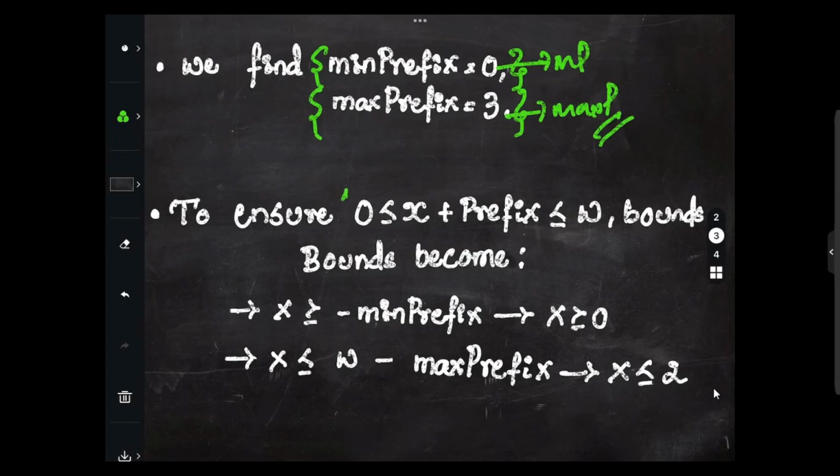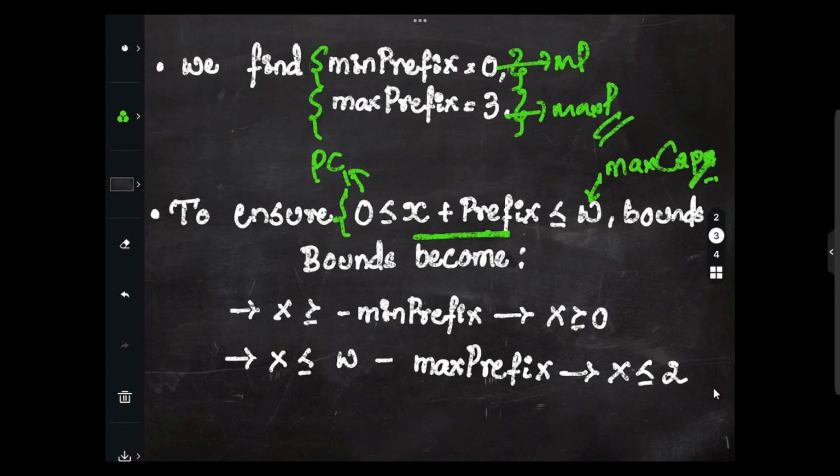So we have to ensure 0 is less than or equal to x plus prefix, and x plus prefix is less than or equal to W, meaning the passenger count should not go below 0 and should not exceed maximum capacity. I'll just write CAP here.